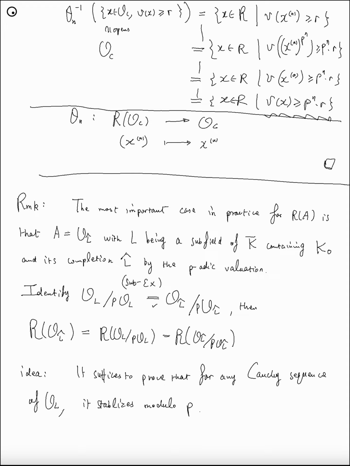And if the Cauchy sequence already stationarized, then the limit is just that limit, which has stabilized in a finite step, so it's still in O_L. I mean, the sequence is elements of O_L, whose limit may not be in O_L, depending on whether it's complete or not. But after you quotient by p, if you can show that your sequence stabilized modulo p, then it's okay.